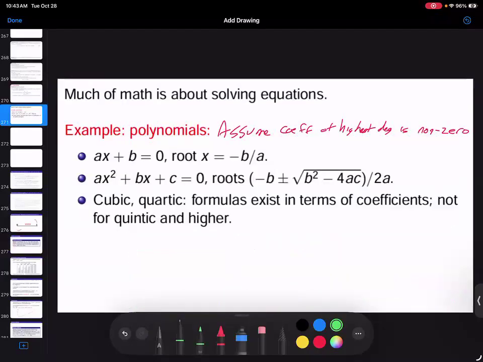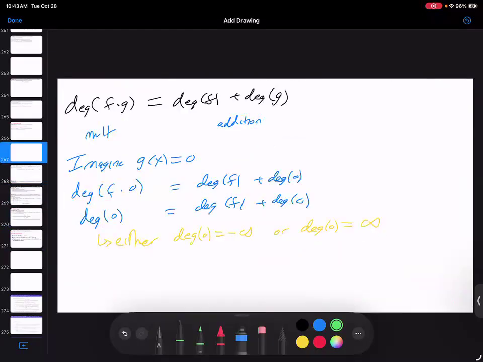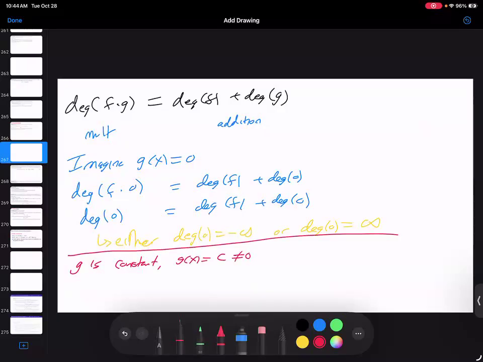I just noticed there was a question in the chat on the degree of polynomials. So let me just go back a little bit. The question was, what is the degree of a constant? Well, let's say g of x equals c, which does not equal 0.